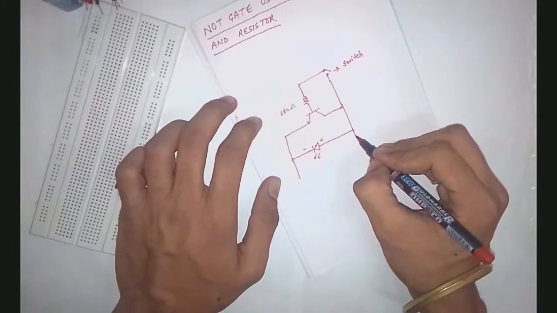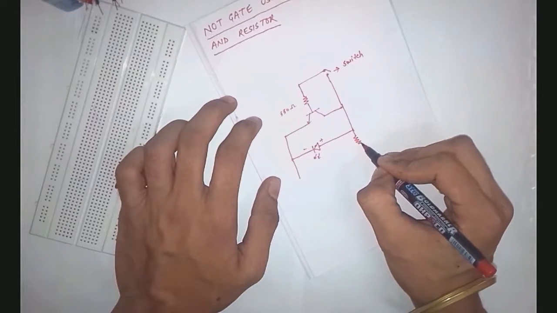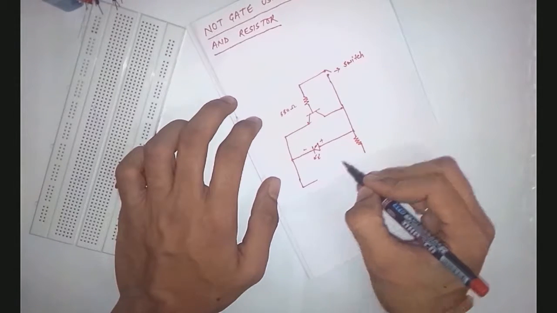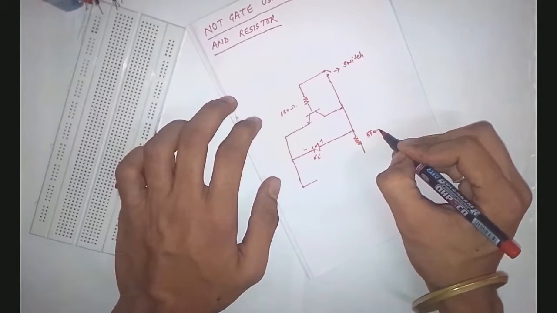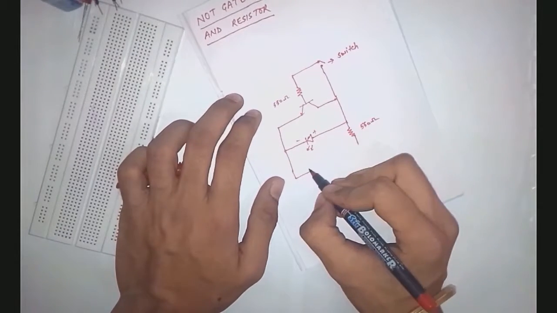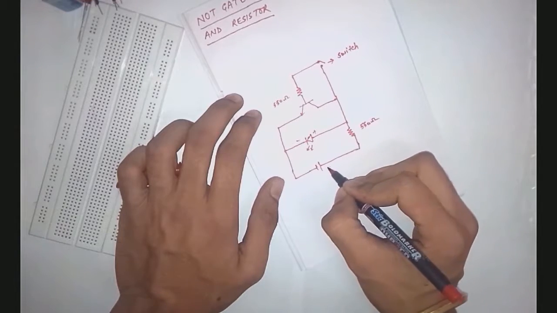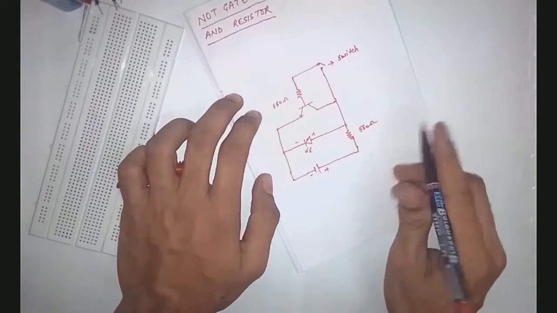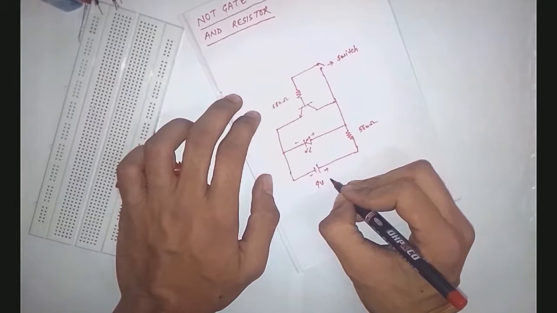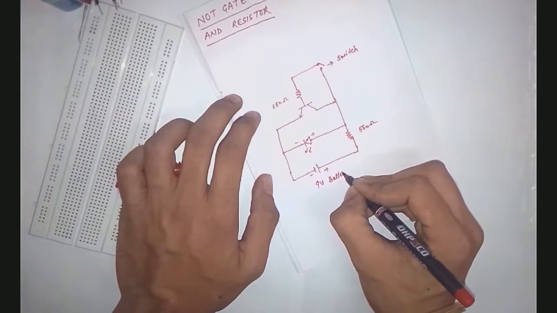One more resistance of 550 ohm, and this is our power source. I am using a 9-volt battery.